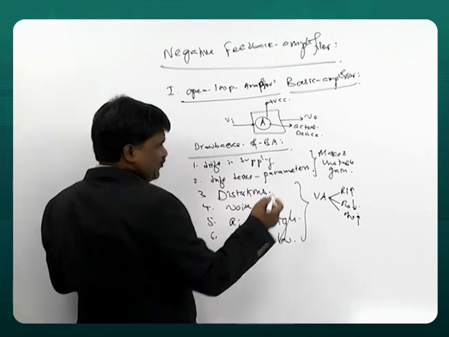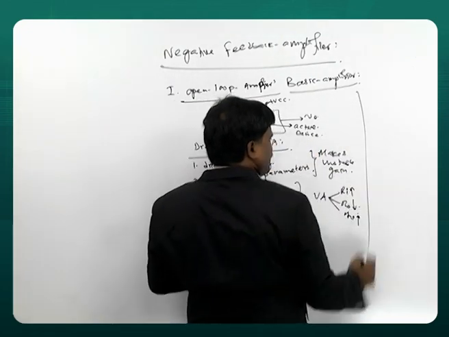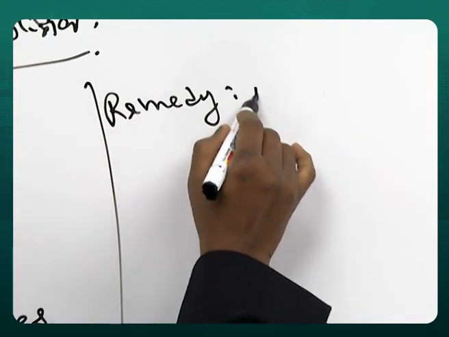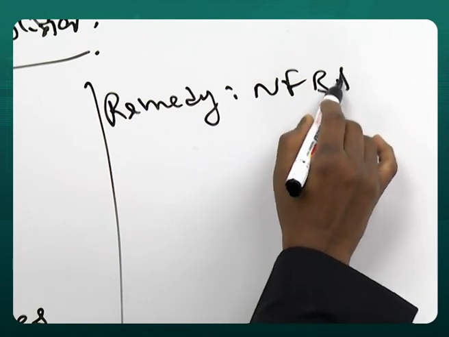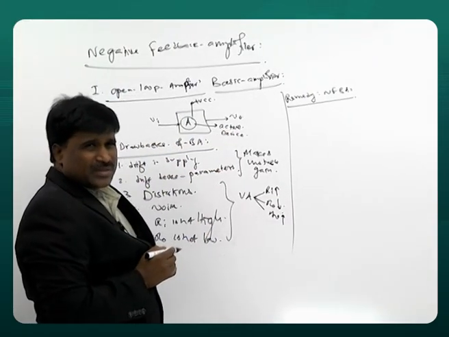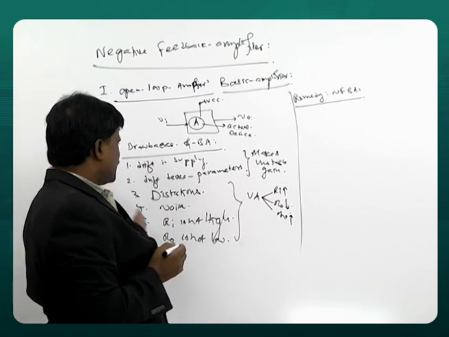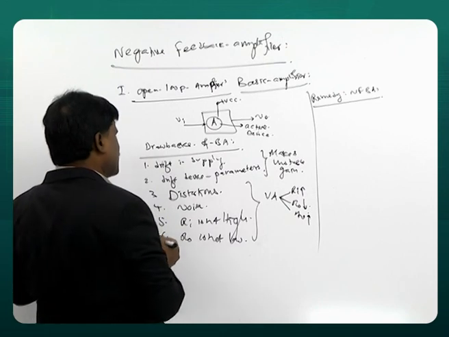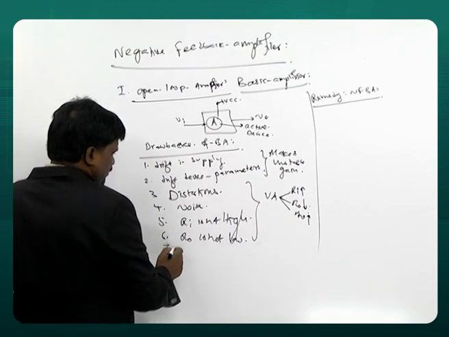And what is the remedy for this? The remedy is negative feedback amplifier. That's the purpose. The purpose is to see that all these problems are solved. In fact, you have one more problem.